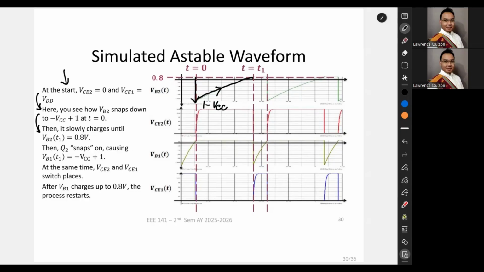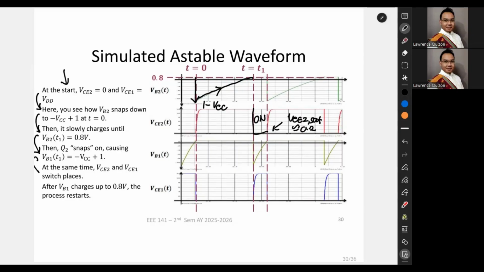When it reaches 0.8, VCE2 snaps down to the on state, which means it goes down to VCE2 sat, about 0.2.